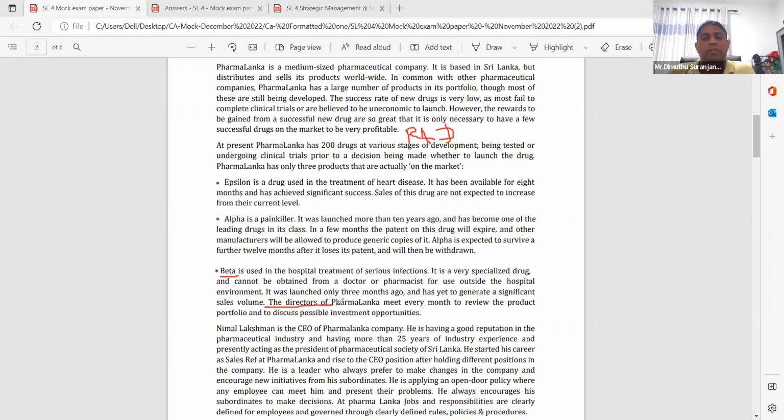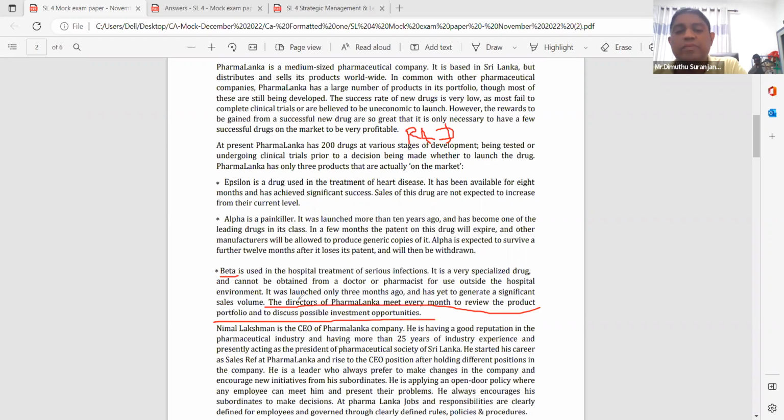See this sentence: the directors of Pharma Lanka meet every month to review the product portfolio and discuss possible investment opportunities. So maybe the product is used only on a trial basis, still not launched to the bigger market. Based on that, one can argue this is still in research and development.